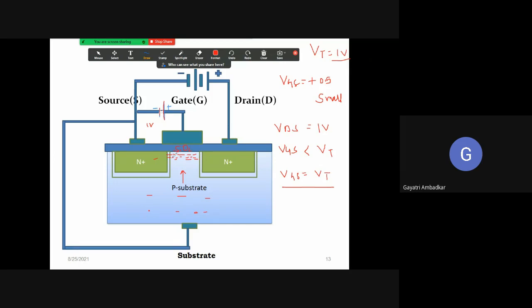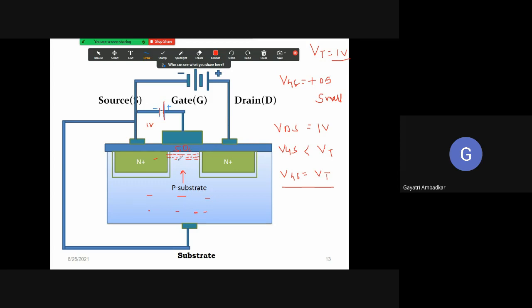And now a virtual channel is established. See, we have not doped N-type material, but now our electrons have deposited here just below the SiO2 layer, and they are connecting this region with this region. So a virtual, some imaginary channel has been established here.